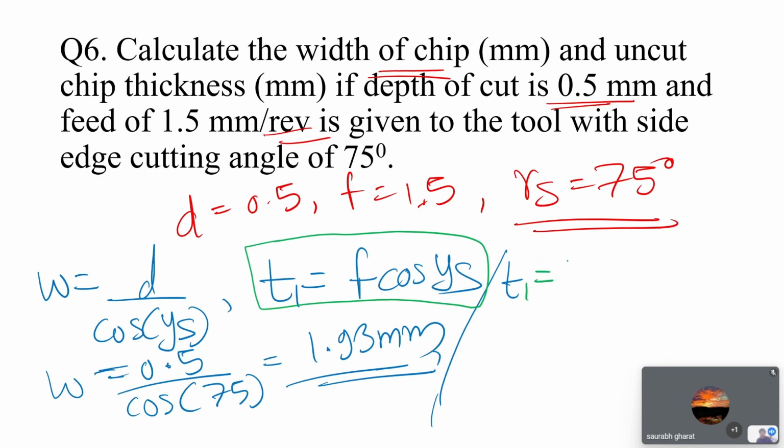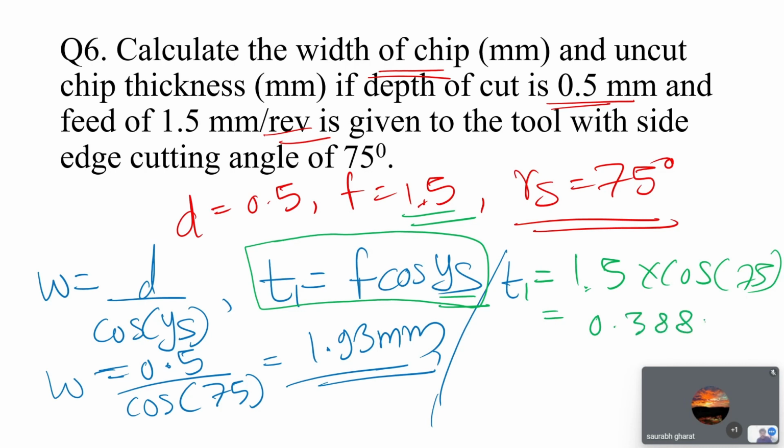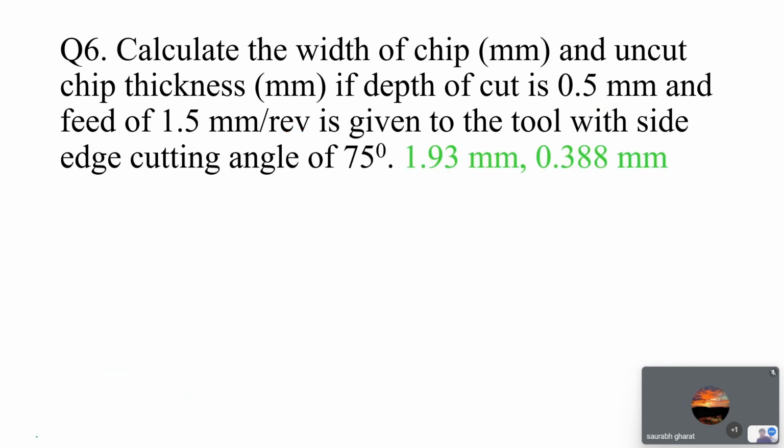T1 will be equal to F, the feed given, that is 1.5, into cos of phi s, again given to you as 75 degrees. So it will be 1.5 into cos of 75, which is equal to 0.388 millimeters. So the answer will be 1.93 and 0.388 millimeters.